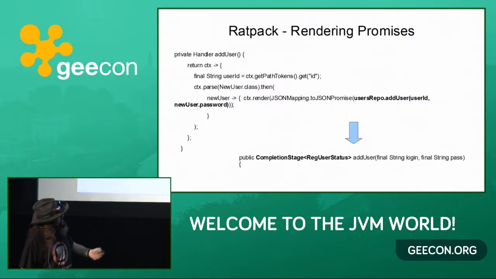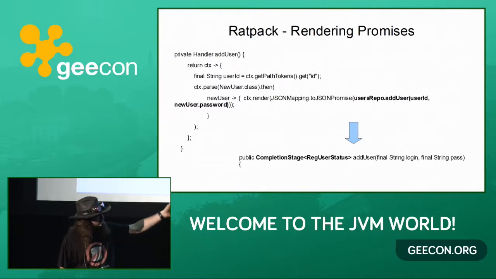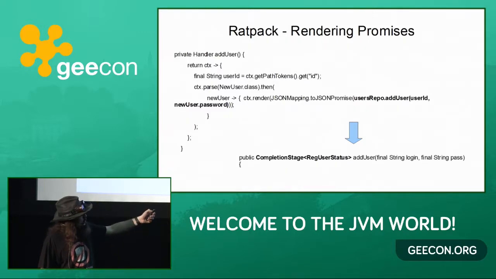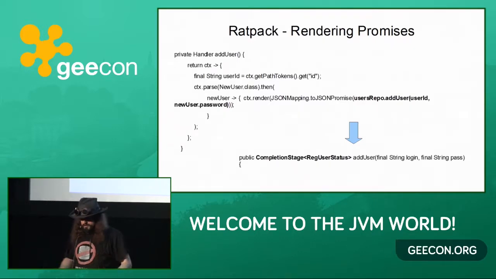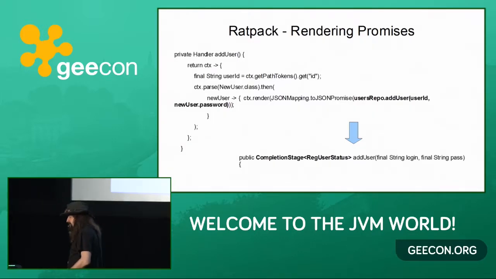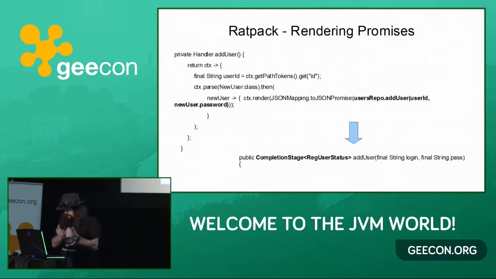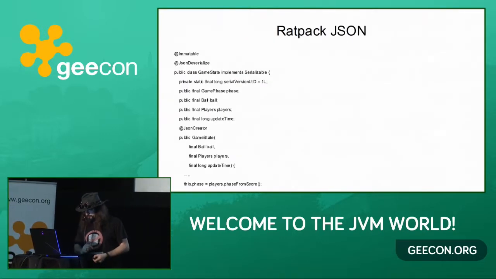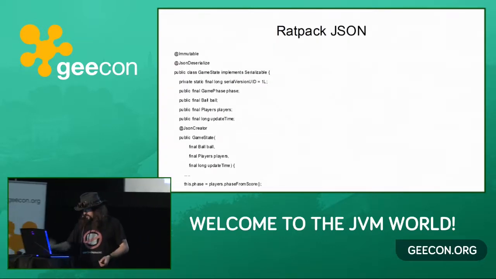I'm playing with a repository, but I'm not getting the results. So, for instance, for registration status, I'm getting a promise, a completion stage. I'll later tell you why it's a completion stage. It's a completion stage of add user. So it means my repository will add the user, but later, and will give me this promise of that. OK. So with JSON, we've seen that.